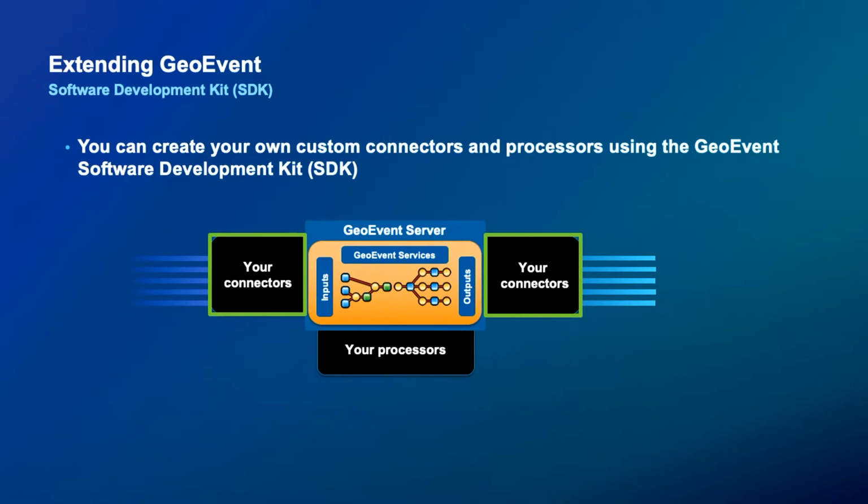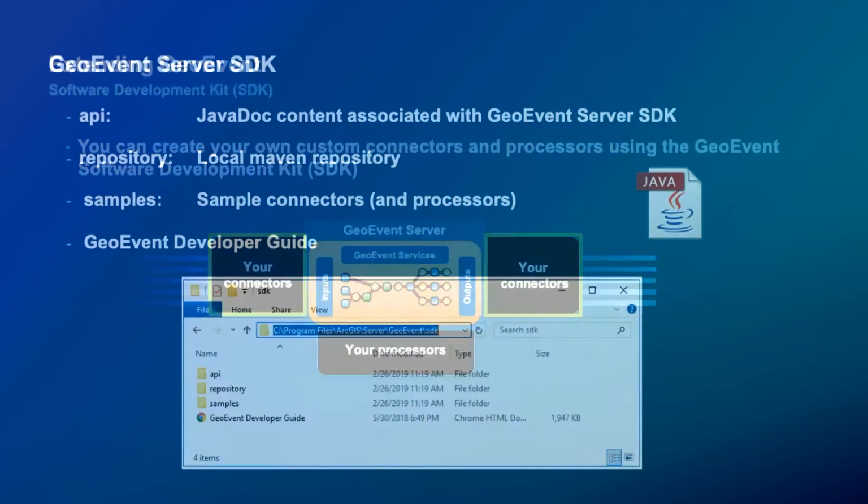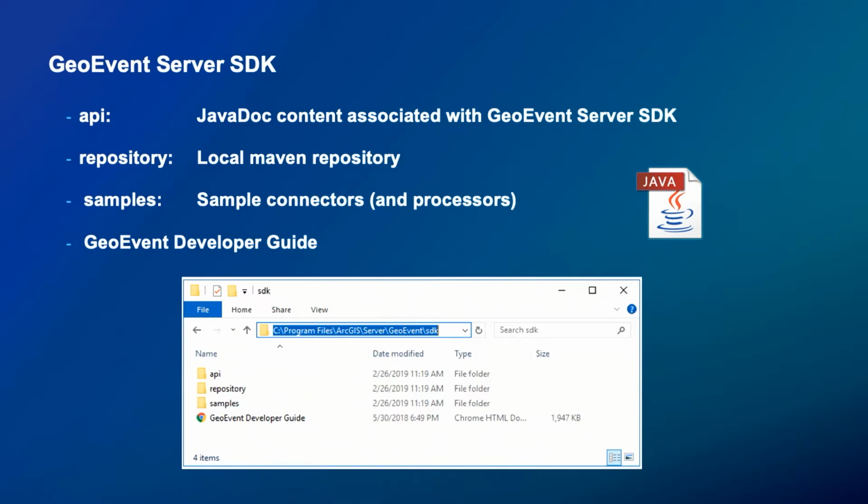This slide summarizes where you can add your own code to GeoEvent Server. You can customize inbound and outbound connectors. You can also customize processors. GeoEvent Server comes with an SDK, which allows you to build custom connectors and custom processors. The SDK provides a number of resources to accomplish these tasks.